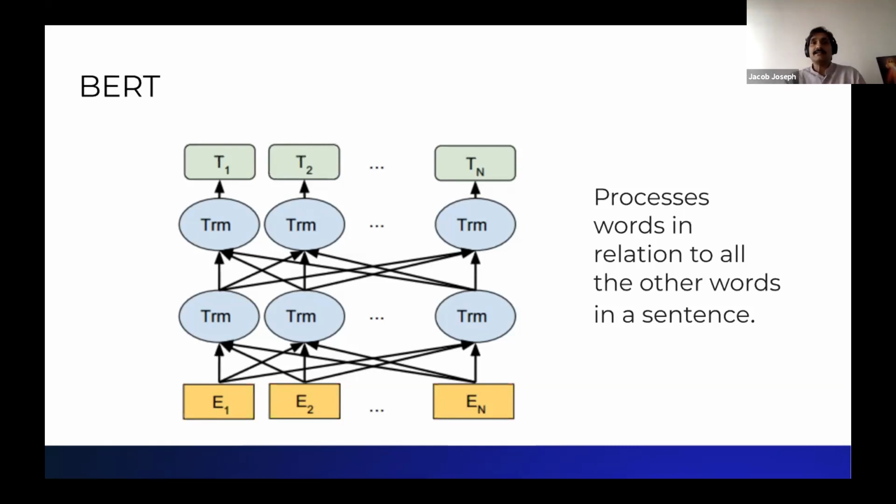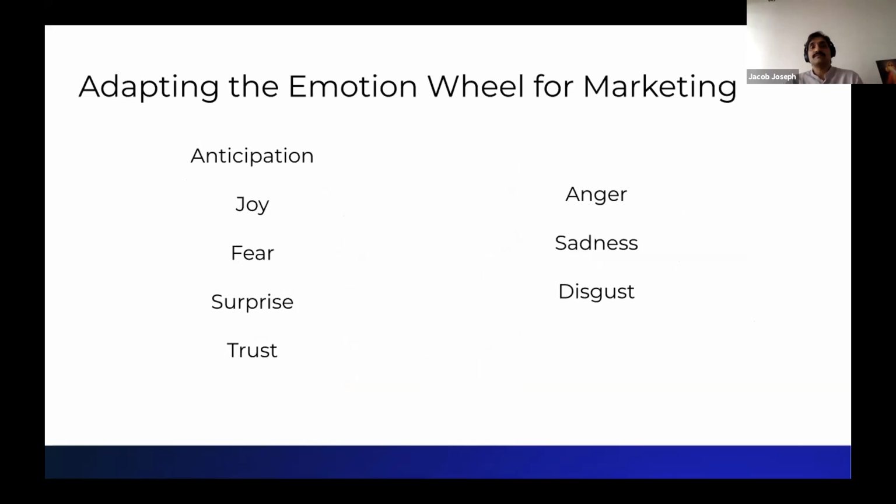The next part is, now we need to look at these emotions. What we are trying to do is some engagement marketing, right? Now, even though we have those 8 basic emotions, normally in engagement marketing you will seldom come across situations where the marketer sends out a message which evokes anger, sadness, or disgust. So we thought, let's not go with all the 8 emotions. We'll stick with the 5 emotions, which is anticipation, joy, fear, surprise, and trust.